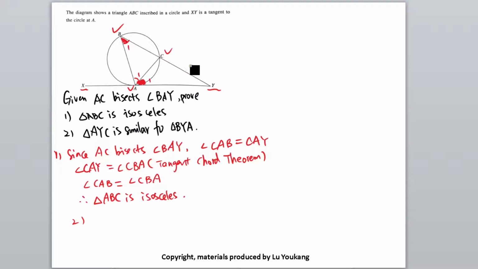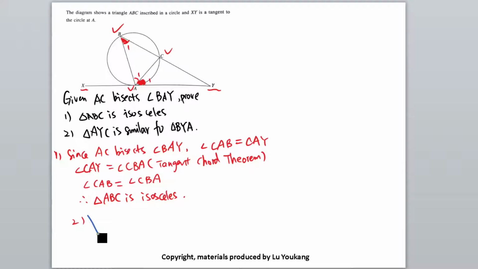So whenever we do this kind of question, one triangle is similar to the other triangle, the best practice is to extract these two triangles out and match them point by point. So over here, I have already extracted out my triangle BAY, and I will label my angle correspondingly, because that will help me to see which angle is equal to which angle in an easier way.